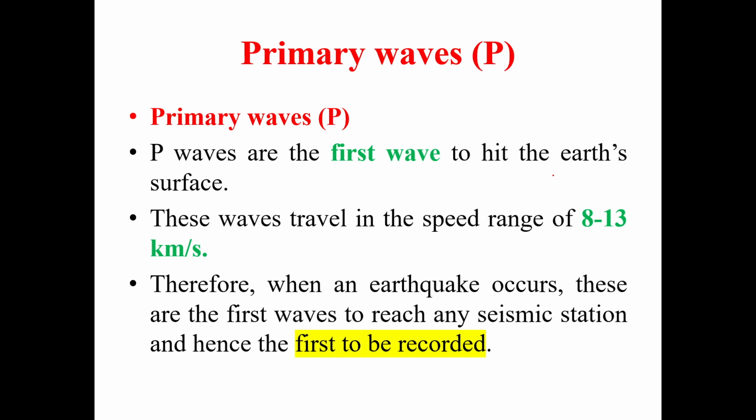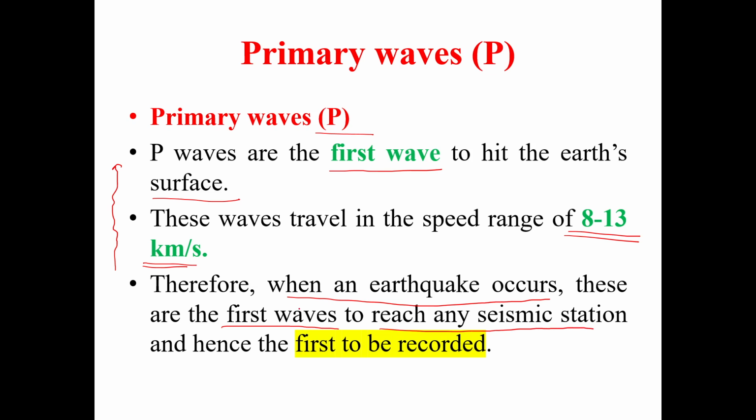Now there are some properties of the P waves. P waves means primary waves. These are the first waves to hit the earth surface. When they come from the interior, they are the first to hit the earth surface. Their speed is generally 8 to 13 km per second. Therefore, when an earthquake occurs, these are the first waves to reach any seismic station and hence the first to be recorded.